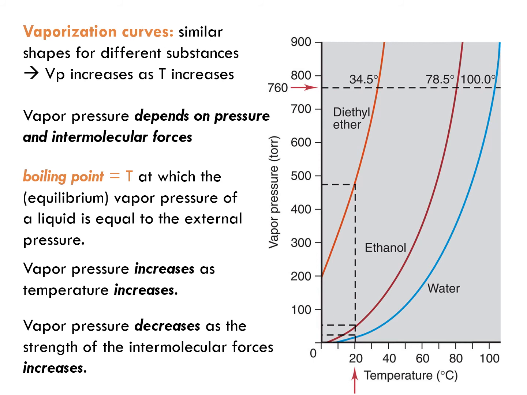So that's lower than your body temperature, which is about 37 Celsius, because the vaporization curve is situated much more to the left of the graph. Ethanol boils at 78.5, that's kind of intermediate between the two, and water boils at 100. The fact that ethanol boils at a lower temperature than water is at the basis of the ability to increase the concentration of ethanol in a mixture of ethanol and water through distillation.